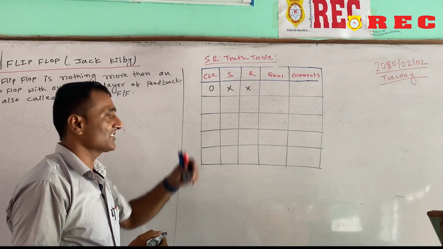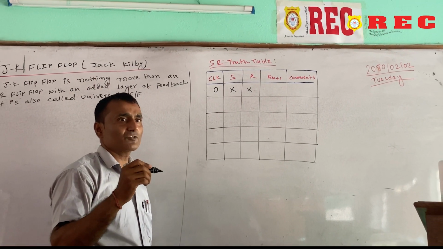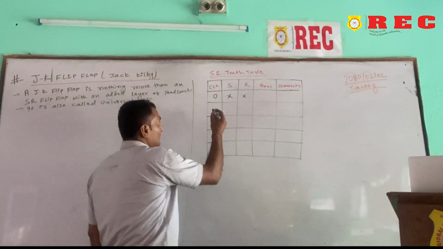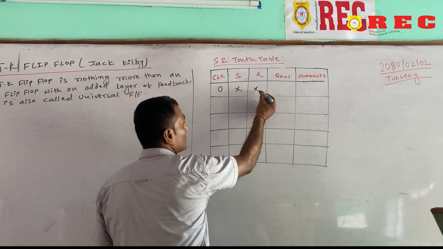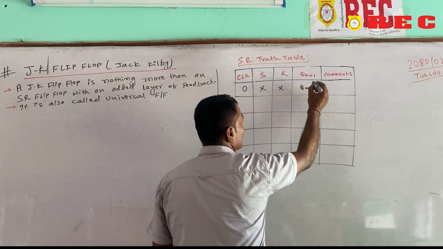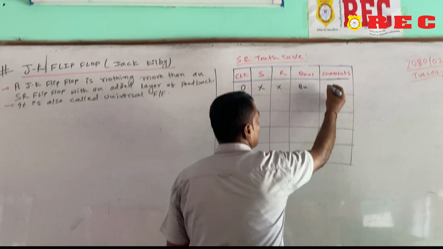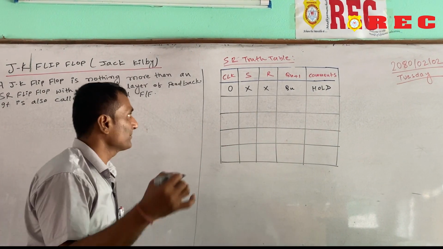This is the don't care condition, represented by X marks or cross marks. If the clock is 0, the last state, the value of Qn, is held. We can say that is the hold state. Just remember that.